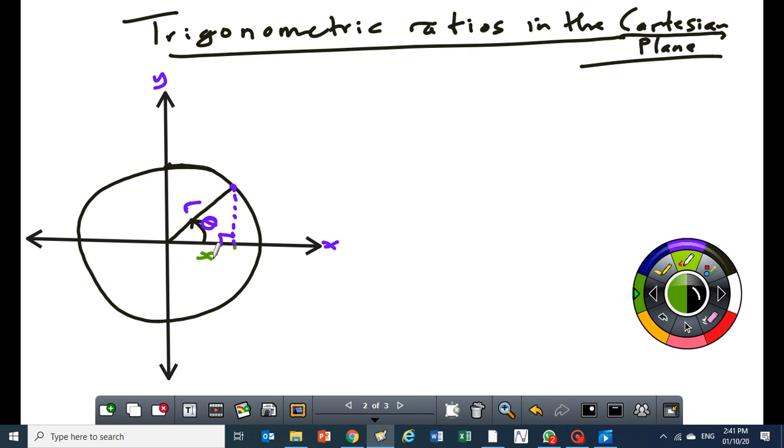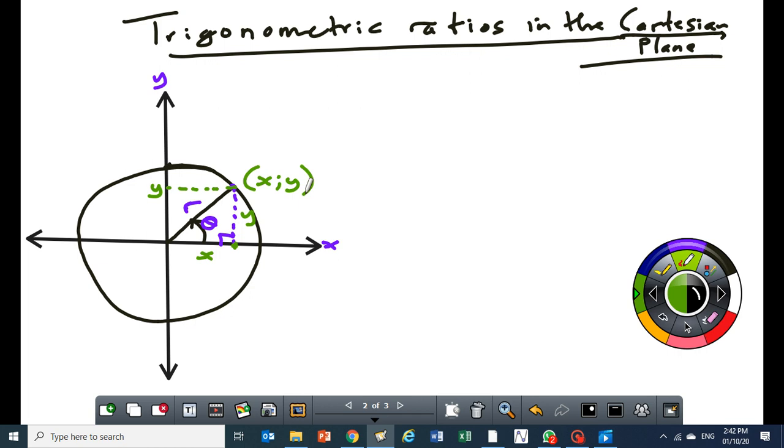Then the length from here to there is y, because if this line here is perpendicular to the x-axis, it means that it will be parallel to the y-axis. Okay, so I can extend that, this will be like my y. Okay, please note that the value of x here is x, the value of y here is y. So this point here, we can call it point xy. Okay?